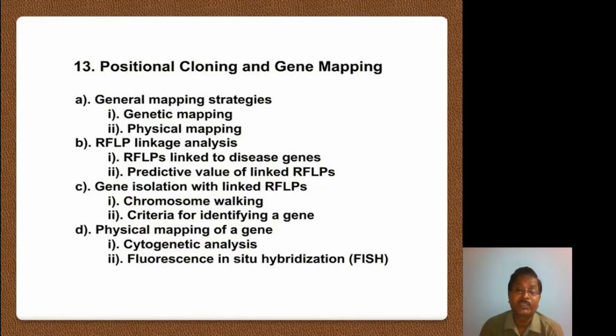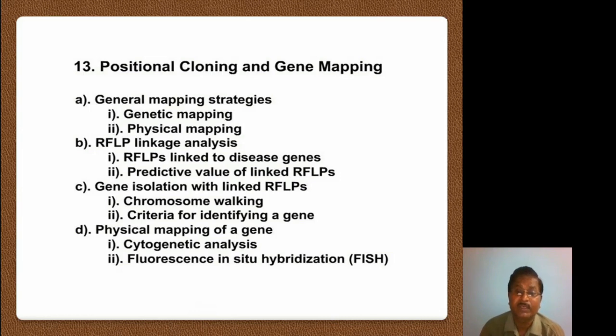And if you go for positional cloning and gene mapping, we have a lot of strategies. So we have general mapping strategies. One is called genetic mapping, the other one is called physical mapping. Then we have RFLP, restriction fragment length polymorphism linkage analysis. In that we have RFLPs linked to disease genes, then predictive value of linked RFLPs.